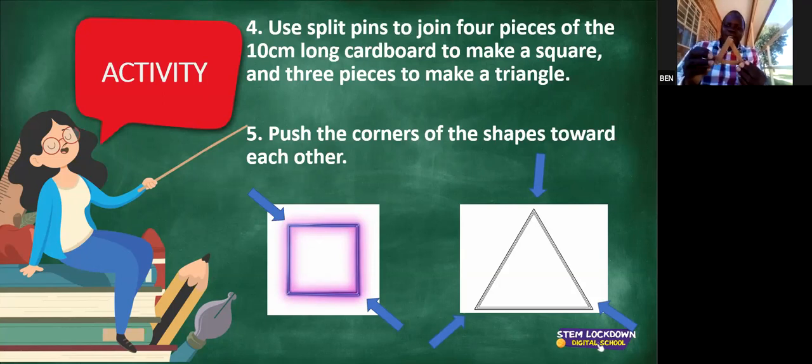Yes, it does not want to move. These sides are very strong. It does not bend, it keeps its shape. Now, if I come to this other one, I try to push this one. You see what's happening? Now this one can move loosely the way it wants.